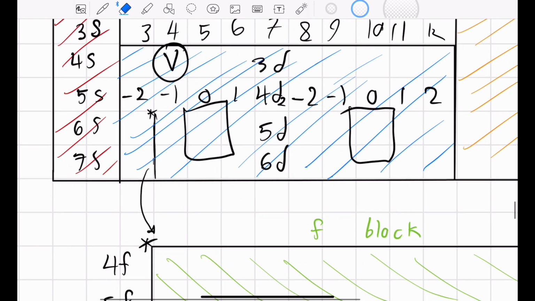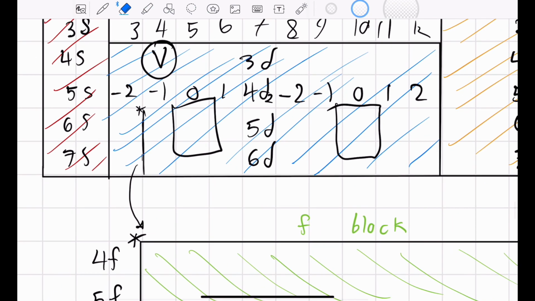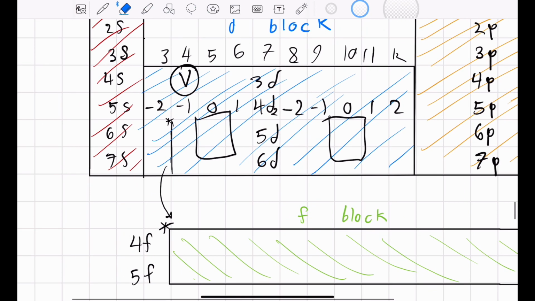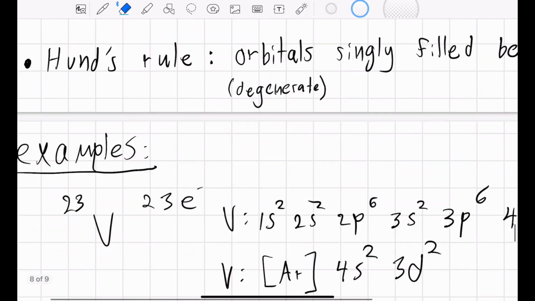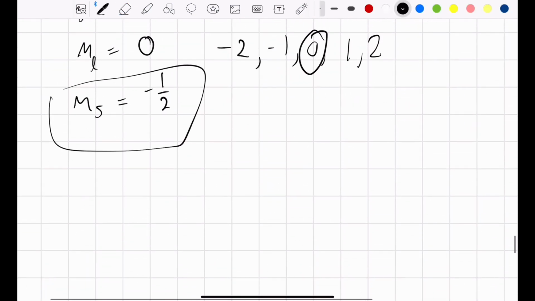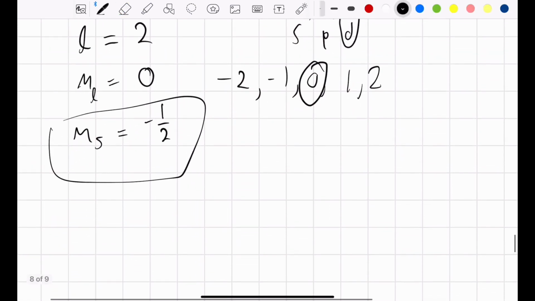We have that. And now let's consider the ms, or the spin quantum number. So we first fill degenerate orbitals with positive spin electrons, and then we pair them with the opposite spin electrons, which are negative 1/2. Or sorry, other way around.